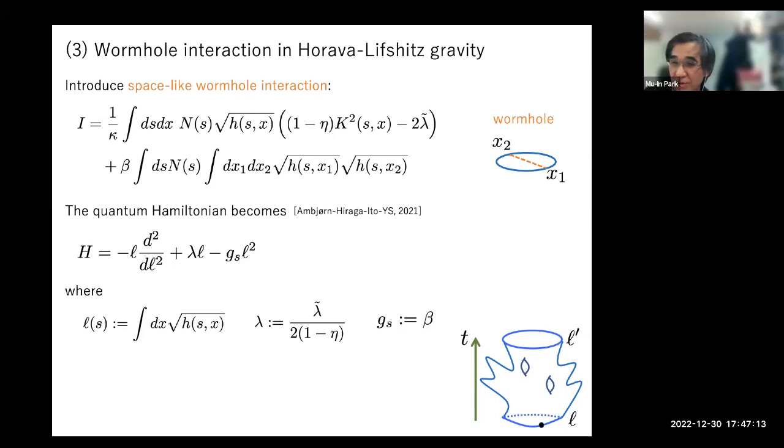Exactly. In the CDT, we have only the cosmological constant term, and there is no kinetic term. But such a kinetic term can be induced from the integral measure of the path integral. You can check explicitly.